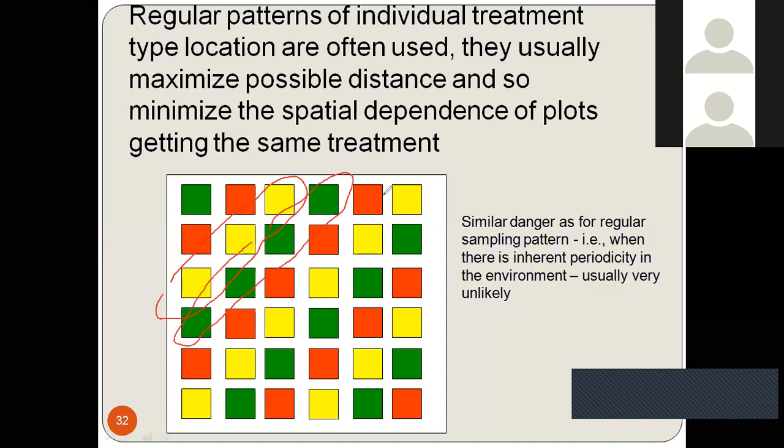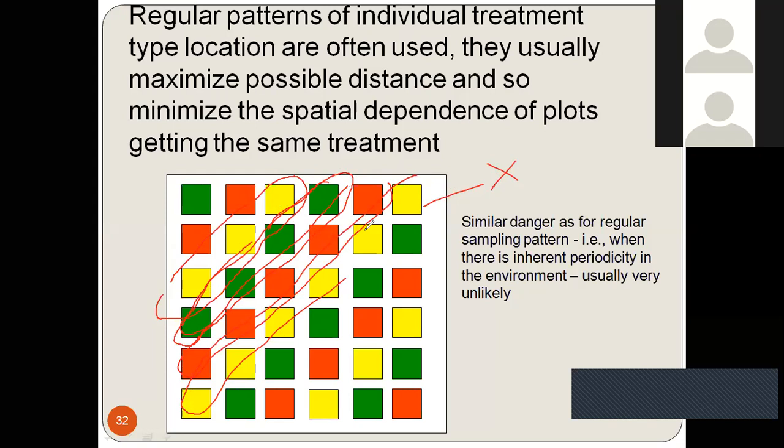You see, there's a pattern, isn't it? Here you have yellow color, one treatment, then the next treatment, then the next treatment. Then the next treatment. So some pattern is going on. So this is not properly randomized. This is not a good way to arrange the treatments.